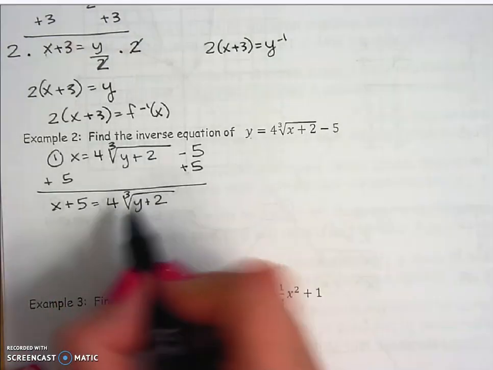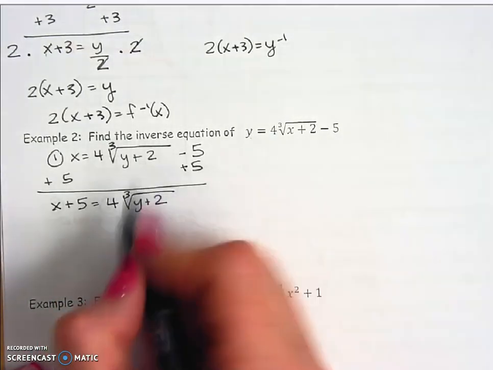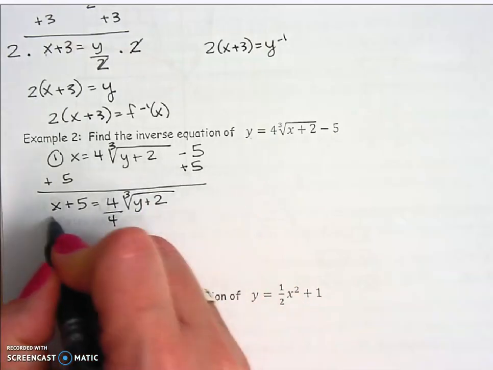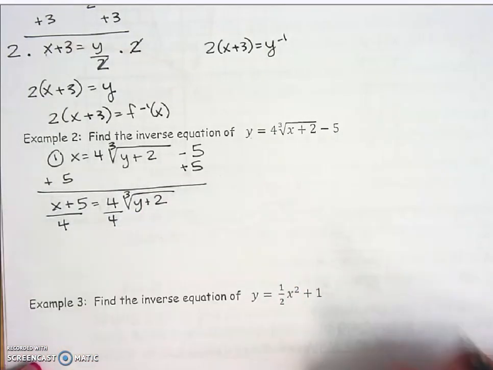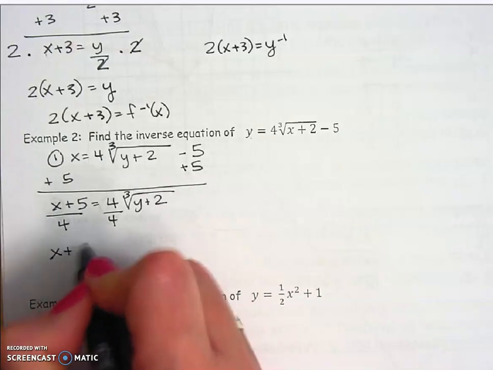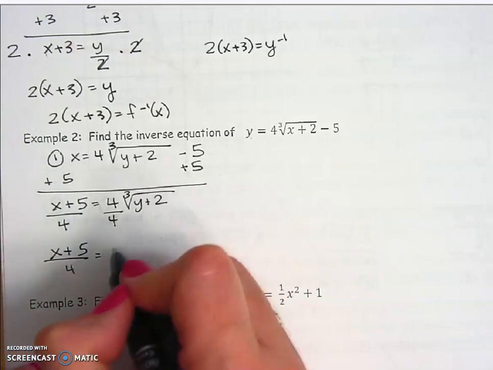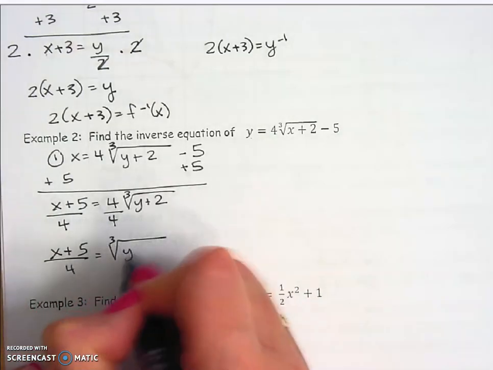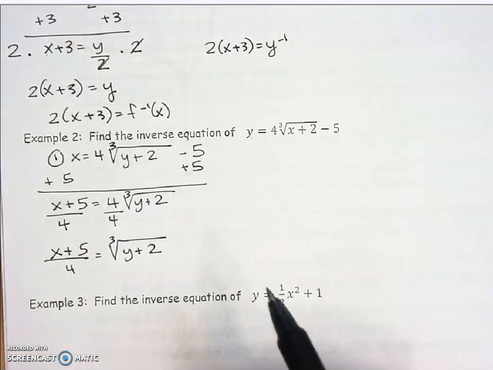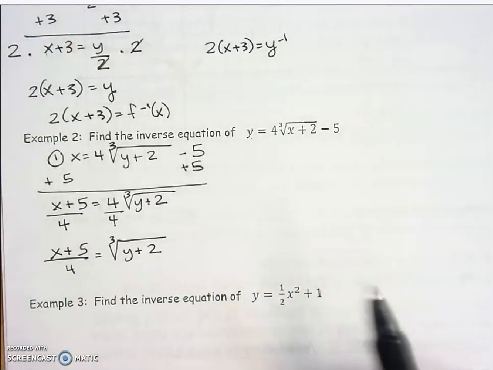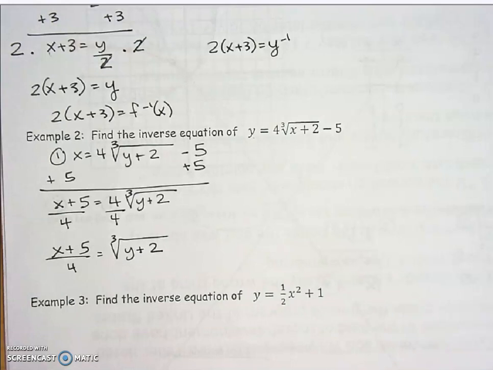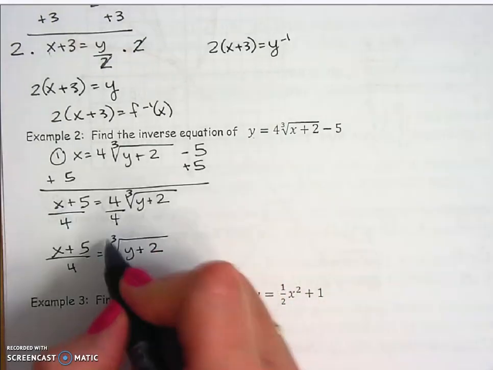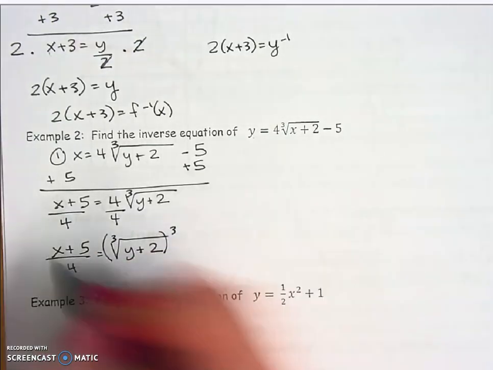So the next thing I want to do is handle this multiply by 4. I'm going to divide by 4. And on the left, the entire thing gets divided by 4. So now I'm here. So now that the radical is isolated, I'm going to undo that by taking the cube of both sides.